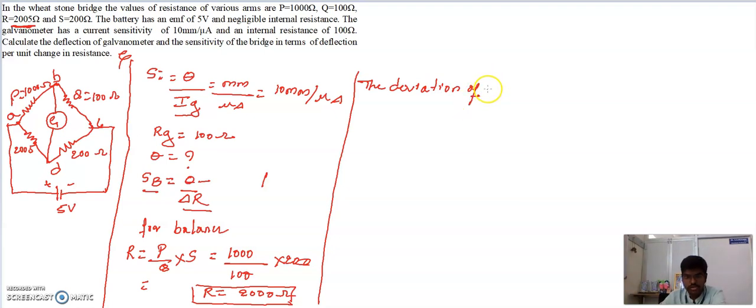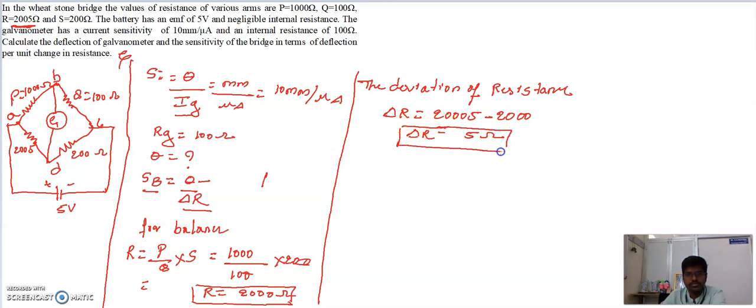So delta R is the given value of R, 2005 ohm, minus the actual value, 2000 ohm. So delta R is going to be 5 ohm. We got the value of delta R.